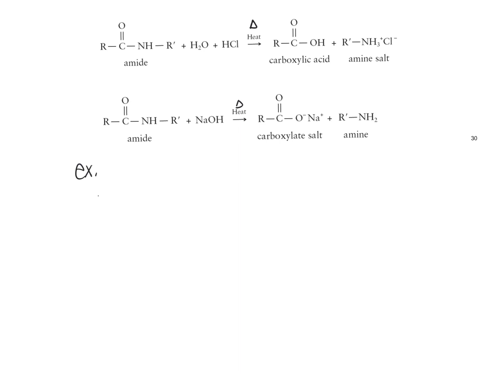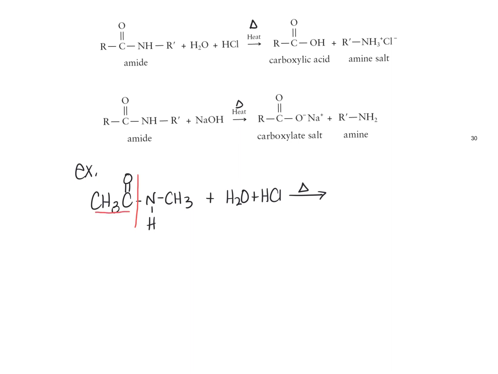So if we have, for example, CH3, C double bond O, NHCH3, and we react it with water and HCl and heat it, what we find is if we were to draw a line right here, this is how we would cut this molecule apart.